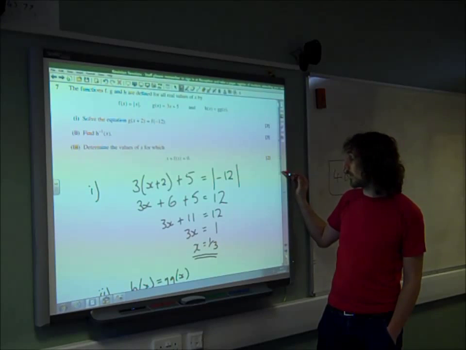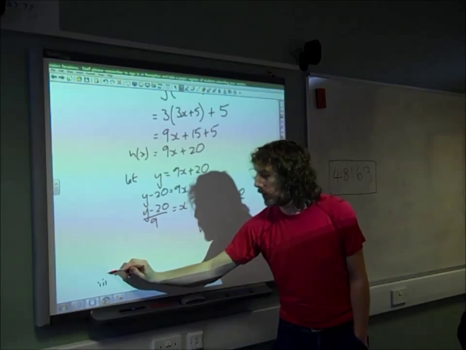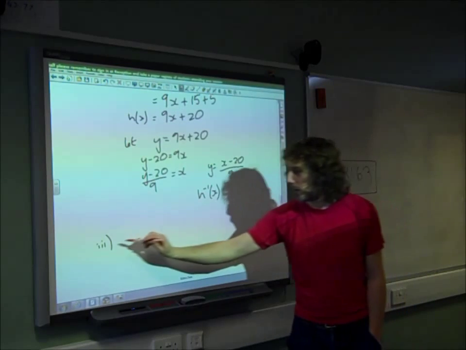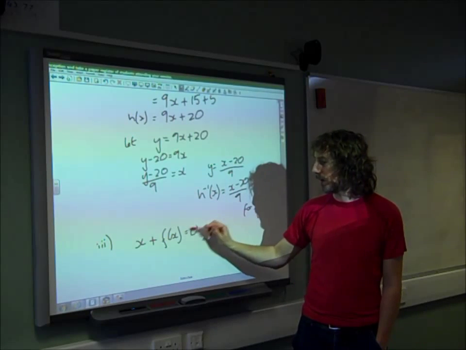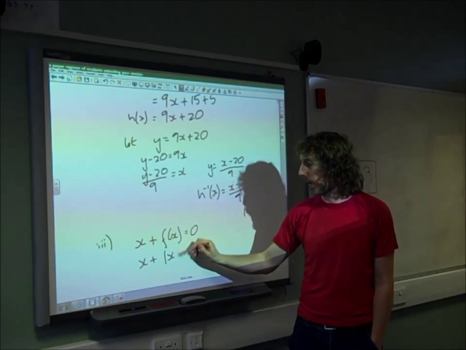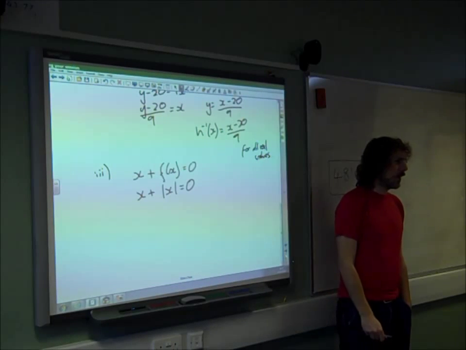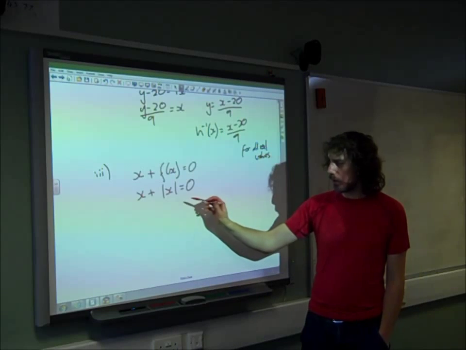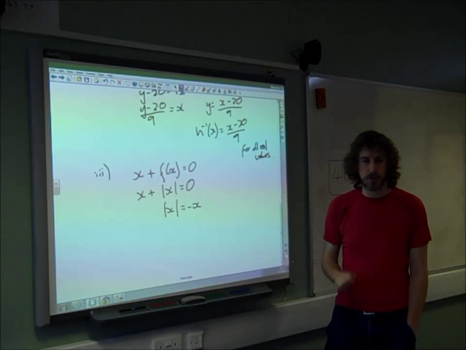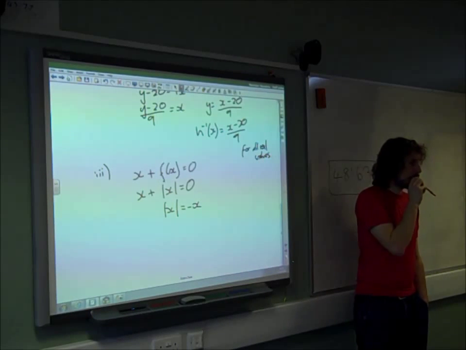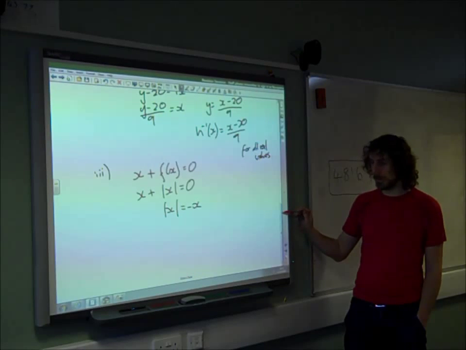So that's x plus the modulus of x equals 0, which could also be written as the modulus of x is equal to negative x. And it says determine the set of values for which this is true.